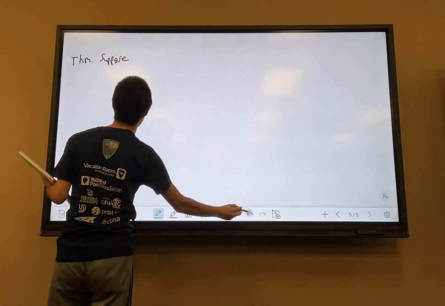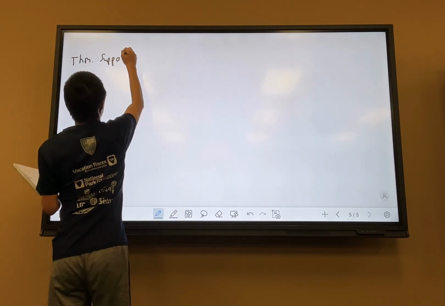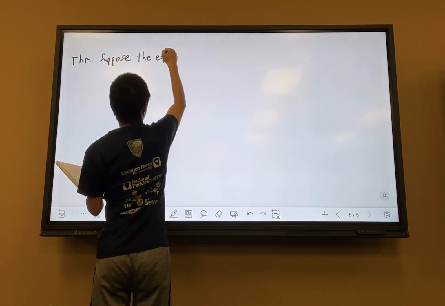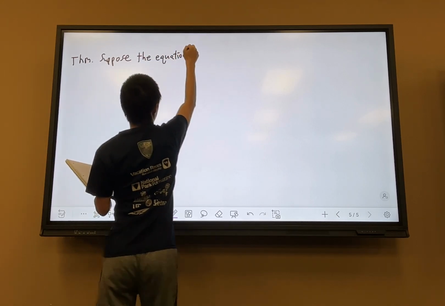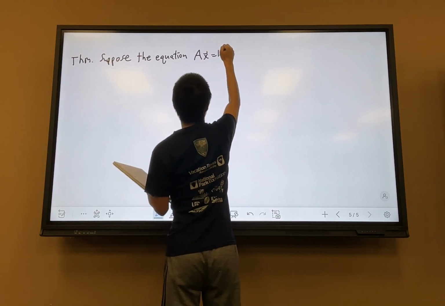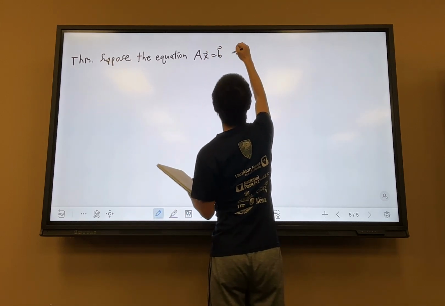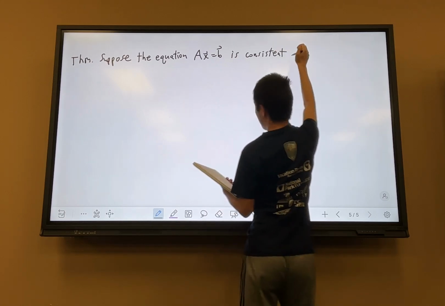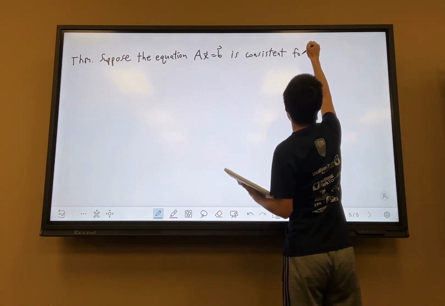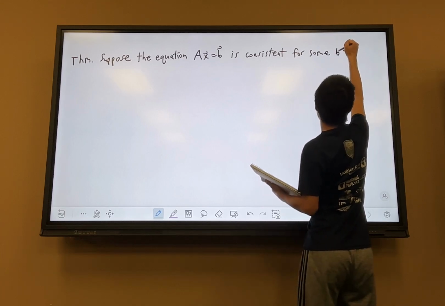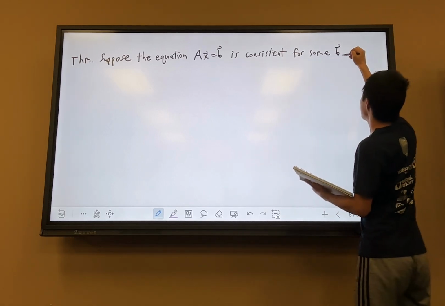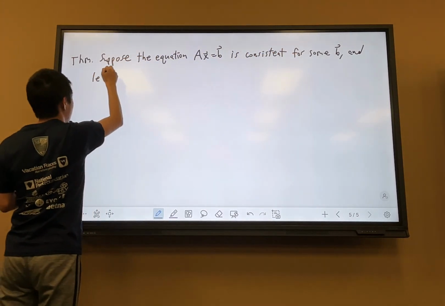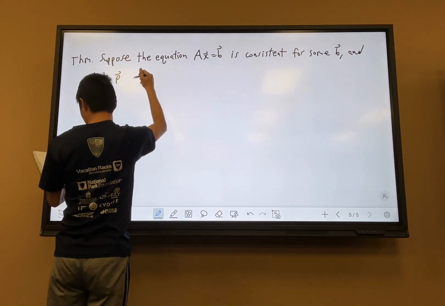Suppose the equation Ax equals b is consistent, which just means it has at least one solution, for some b, and we're going to let p, some vector p, be a solution.